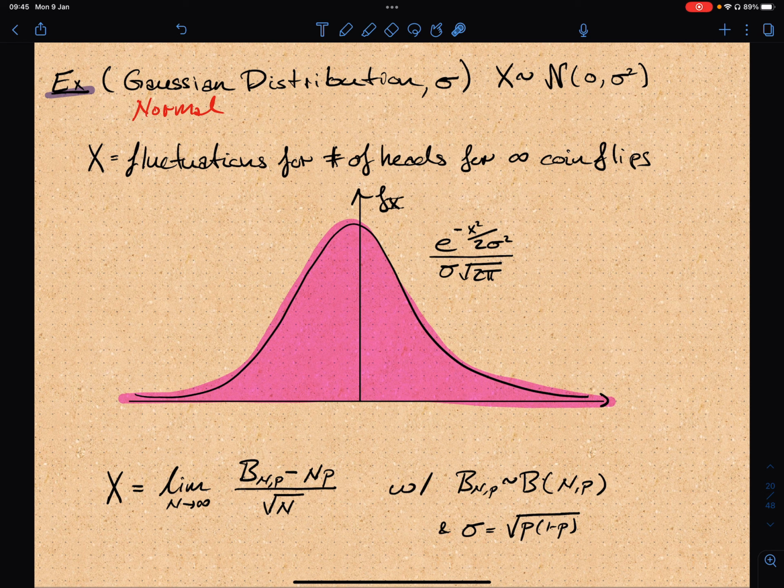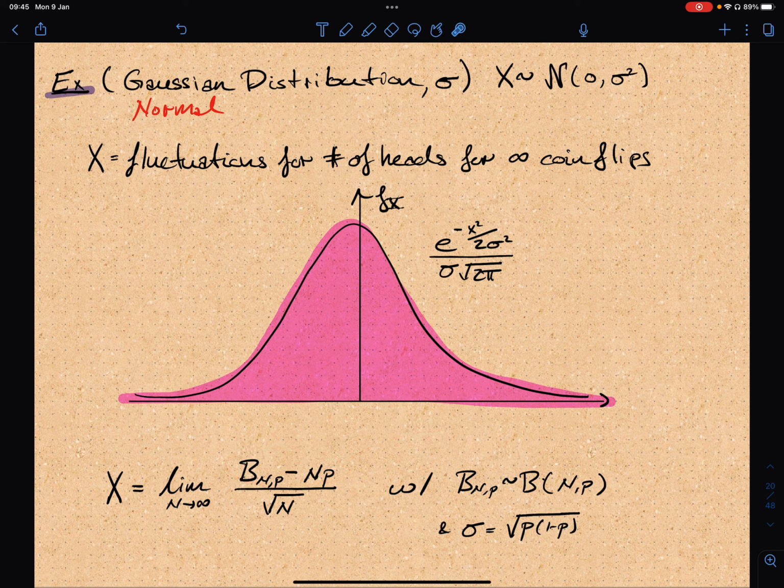Then after n coin flips, you can actually compute using expected values or intuition that you should expect np number of heads. So if you subtract this from the binomial distribution, you should get a number that tells you how far you're away from the expected number of heads. And as n goes to infinity, this number is actually going to go towards infinity.